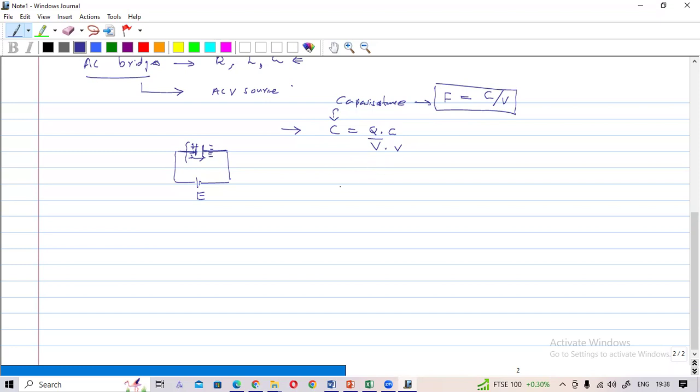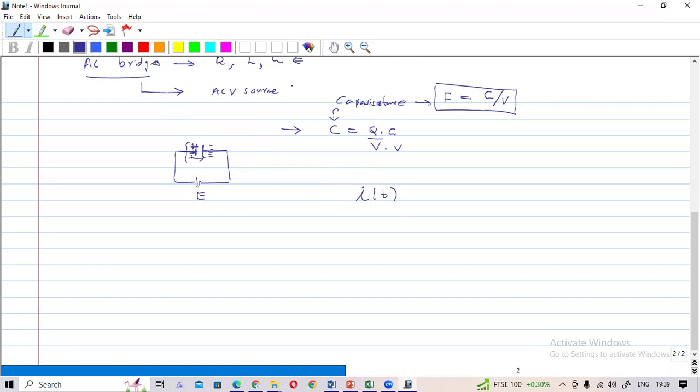And if you consider a current through this capacitor, I will put a simple small i. That current will change with time. It is not a constant.